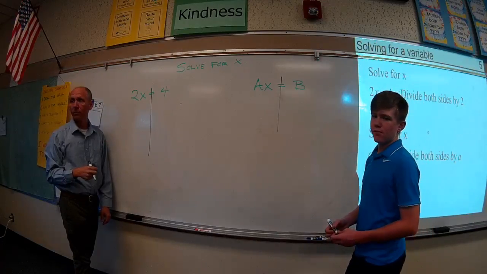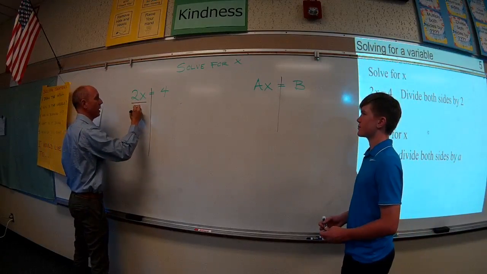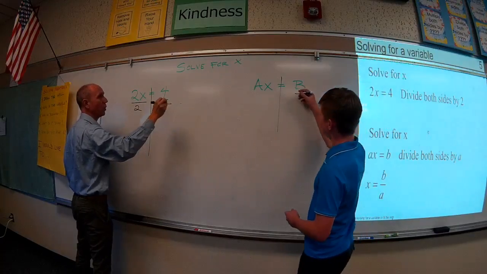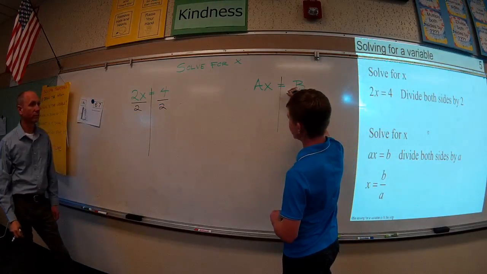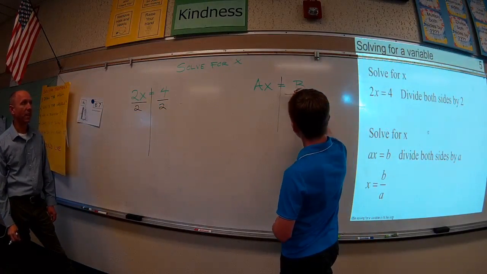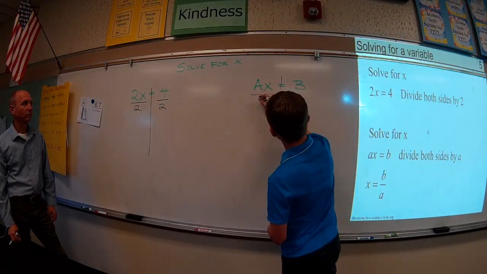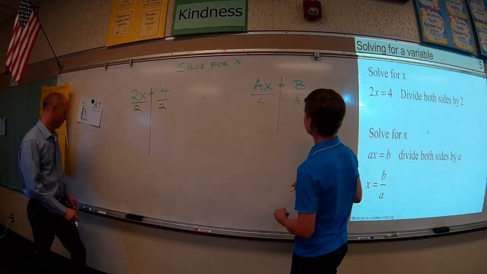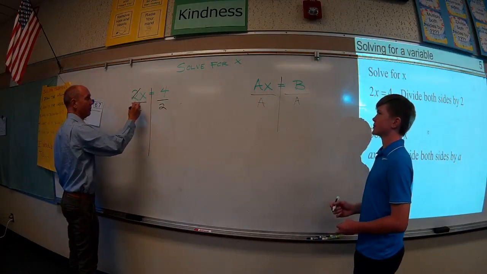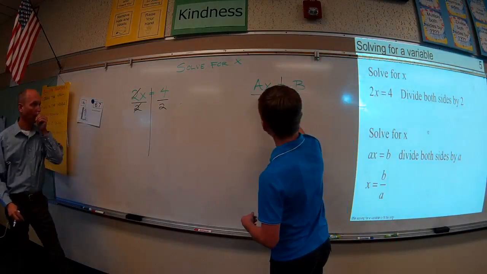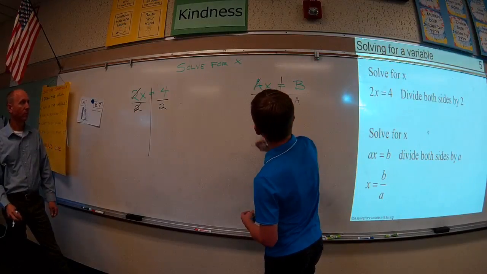I would like to divide both sides by 2. Okay, ready? I'm going to divide both sides by 2. You're going to divide both sides by what? A. Divide both sides by a. Perfect. I'm going to cancel it out. Good.